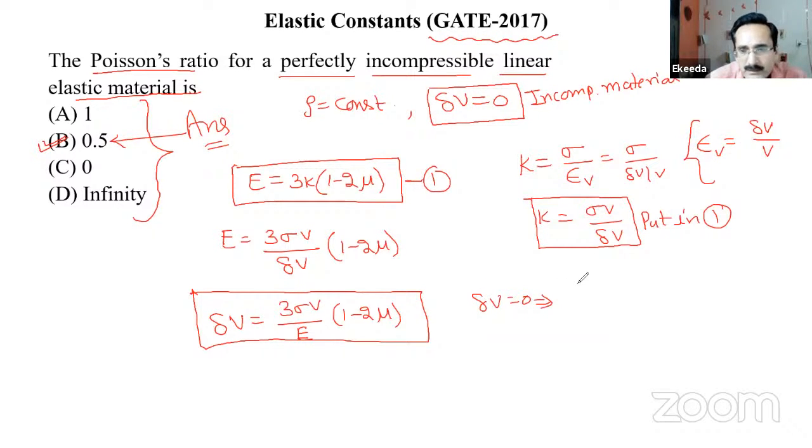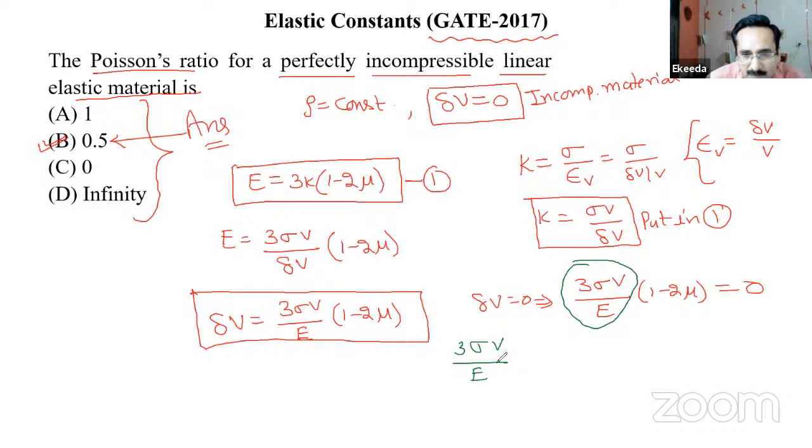It means that 3 sigma V by E into (1 minus 2 mu) is equal to 0, right? But the term 3 sigma V by E cannot be equal to 0. These are definite values. It means that 1 minus 2 mu is 0, and so mu is equal to 1 by 2, or 0.5.